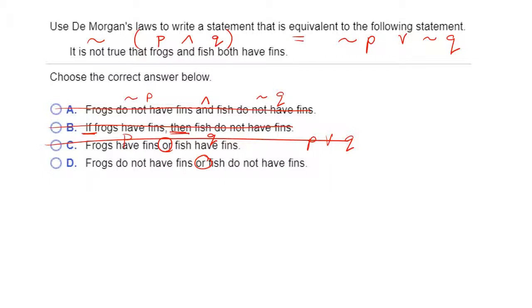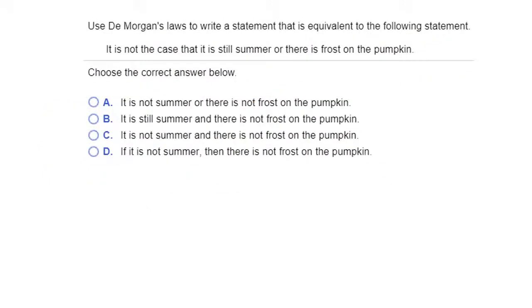Frogs do not have fins would be symbolically written as not P. The word or uses the disjunction or symbol, and then fish do not have fins would be written as not Q. That is the correct answer. Let's try DeMorgan's law with one more example.